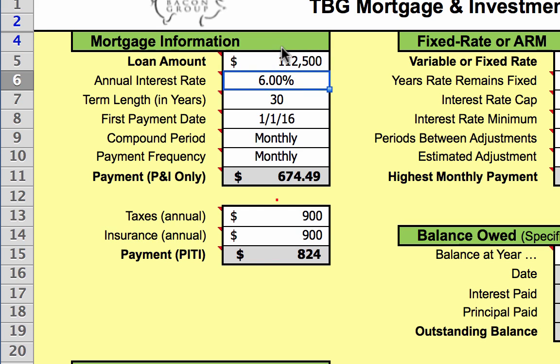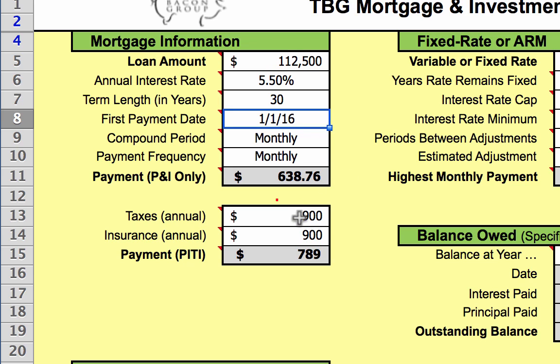Let's say your interest rate is 5.5 on a 30-year mortgage, and let's say that January 1, 2016 is the start date. Your principal and interest only is $638.